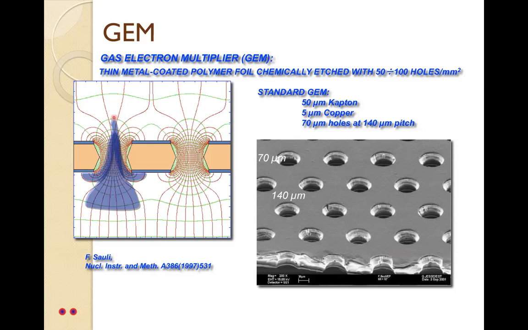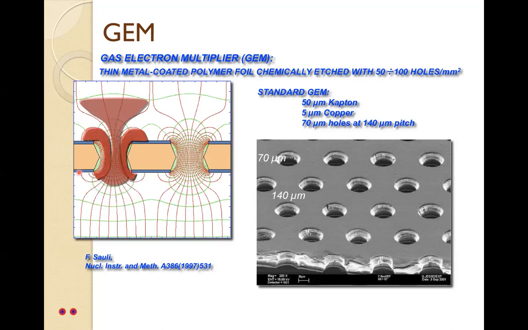When the primary electrons try to go through the hole, there will be multiple collisions and multiple ionizations. Secondary electrons will be produced, and because of the electric field, mostly electrons try to go here, but some electrons will also be absorbed here. So this is the movement of the electrons inside the hole.